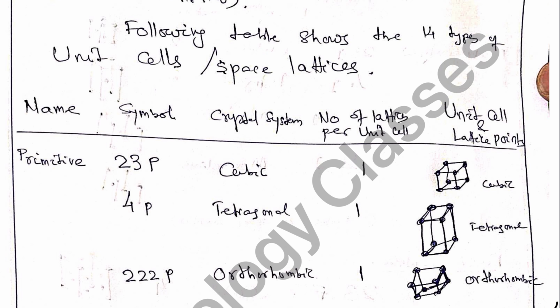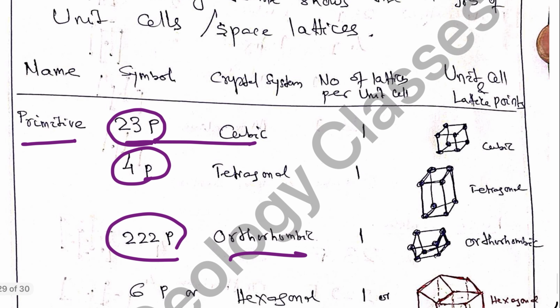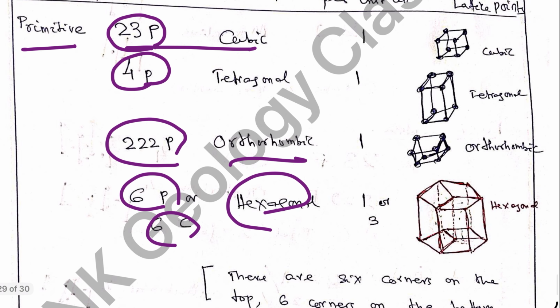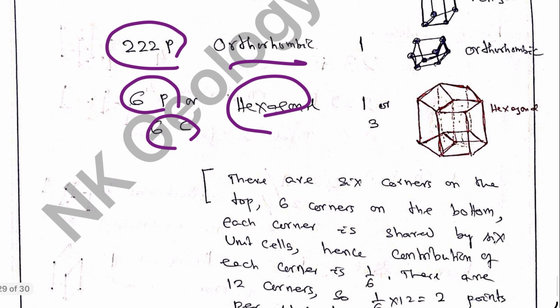In case of primitive, we have cubic primitive, which is designated as 23p, tetragonal it is designated 4p, orthorhombic it is 222p, and in hexagonal it will be 6p or 6c. So, these are the primitive unit cells.